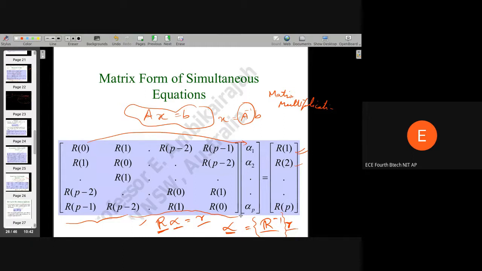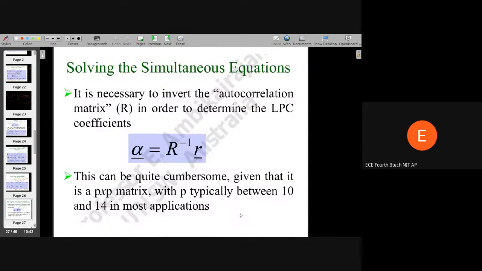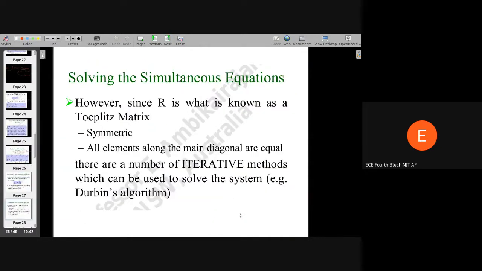One of those popular solutions is given by something called the Levinson Durbin algorithm.